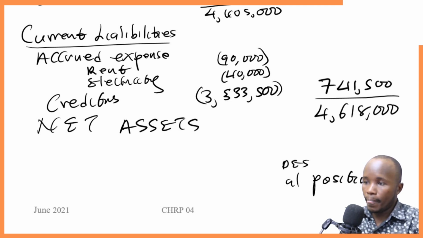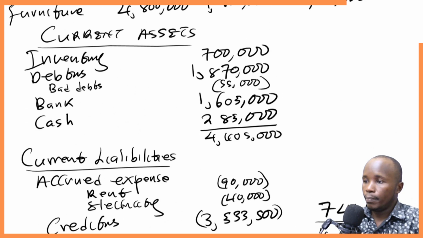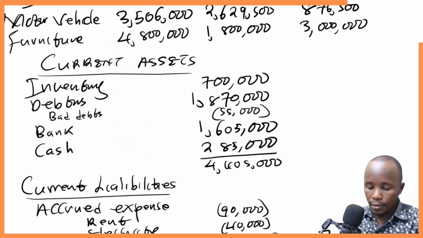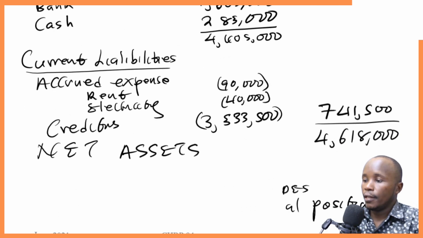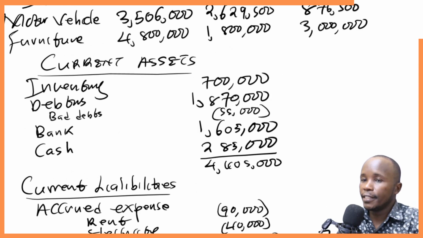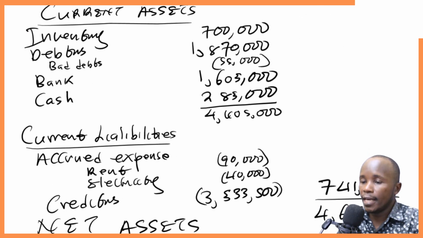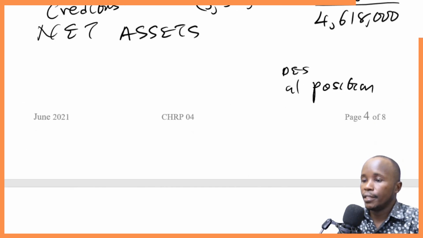Here we have 741,500 plus 3 million plus 876,500. It gives me 4 million, and these figures were obtained from having the non-current asset plus current asset minus current liabilities.